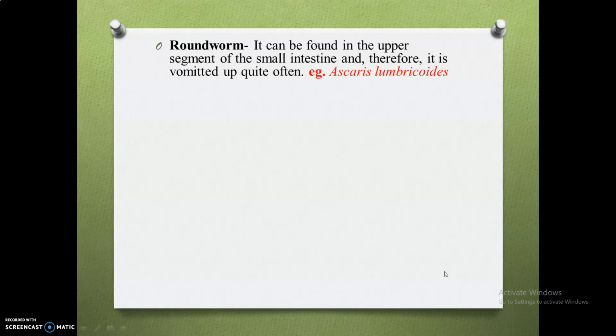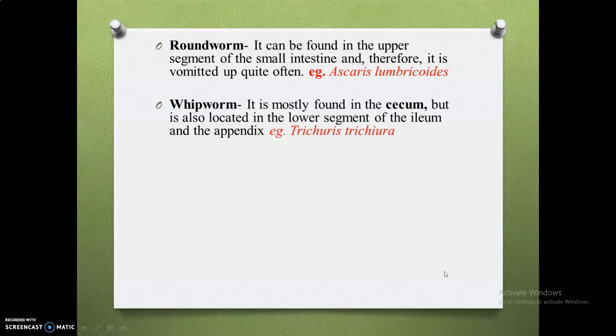Roundworm. It can be found in the upper segment of the intestine and therefore it is vomited up quite often. Example: Ascaris lumbricoides. Whipworm. It is mostly found in the caecum, but it is also located in the lower segment of the ileum and the appendix.